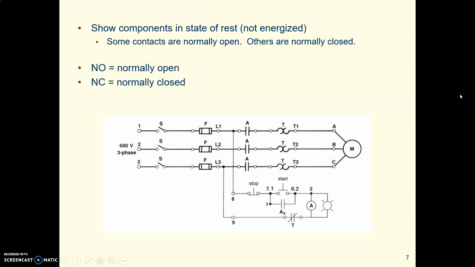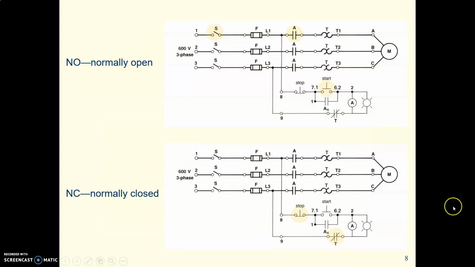Another principle is that all the components are drawn in what is called a state of rest. That is, what state would they be in if the electricity were not connected? Some switches and controls are normally open if there's no electricity. Others are normally closed if there's no electricity.